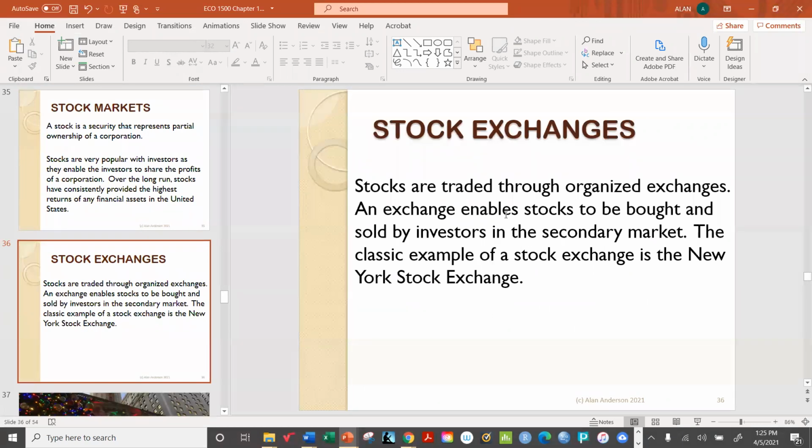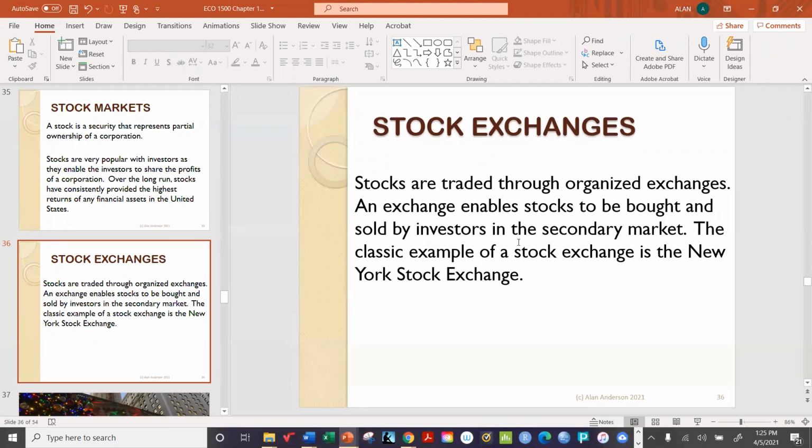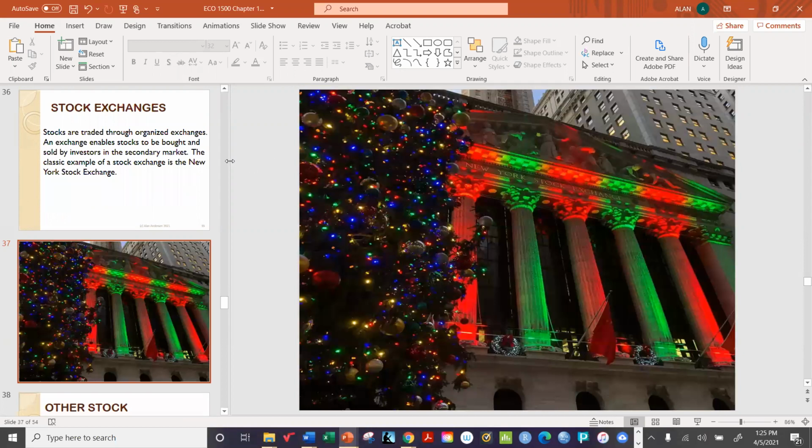Now, by the way, I threw this in here just for the fun of it. This is a picture of the New York Stock Exchange at Christmas time. You're not allowed to go inside the building anymore, but if you're on the outside, you can certainly walk around, and there it is. Now look at how beautiful that is. You can see it looks like a Greek temple, doesn't it? Up here, there's a very nice frieze.